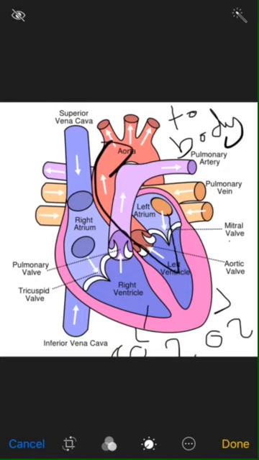Okay, so the path of the blood goes from the pulmonary vein, oxygenated, to the left side, then from atrium, ventricle, aorta to the body. It is collected from the body by the inferior vena cava to the right atrium, right ventricle, and pulmonary artery, then to the lungs.